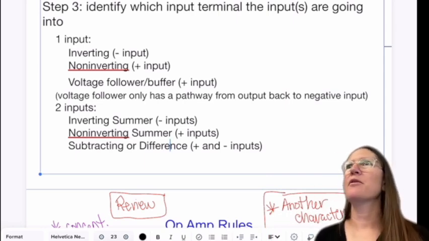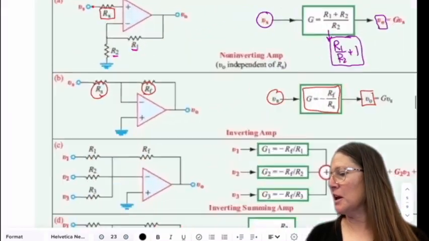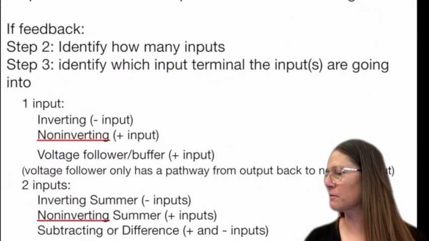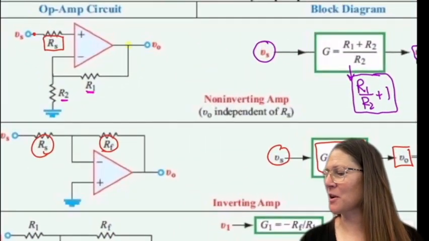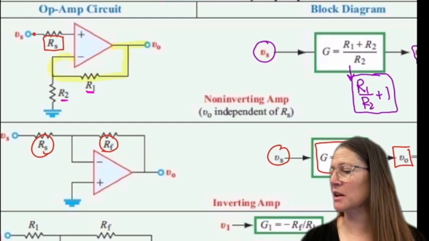Yes? How do you know if it's a switch or a feedback again? On a feedback system, they always will have a pathway from the output back to an input. So in this case, it goes back into the input.